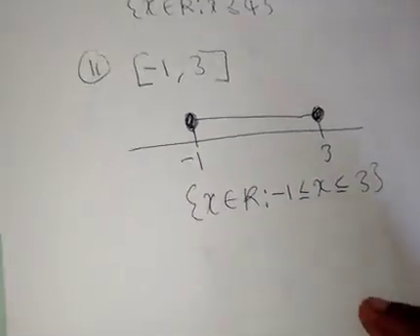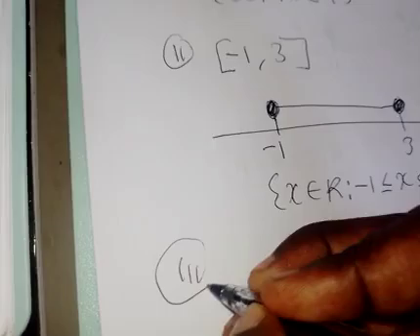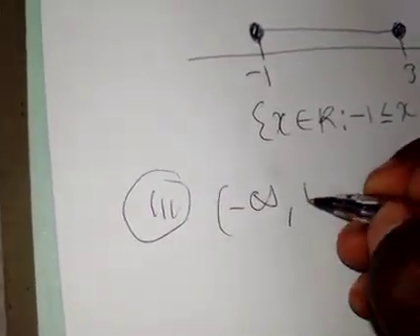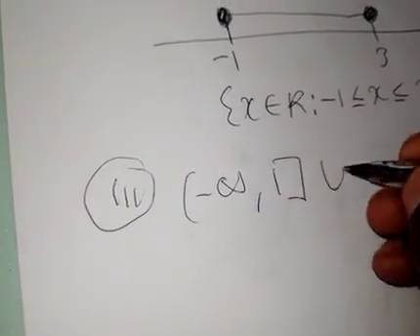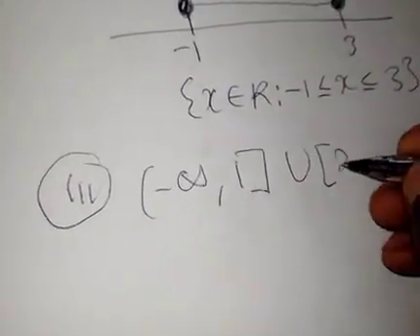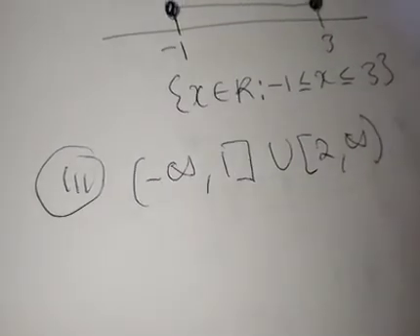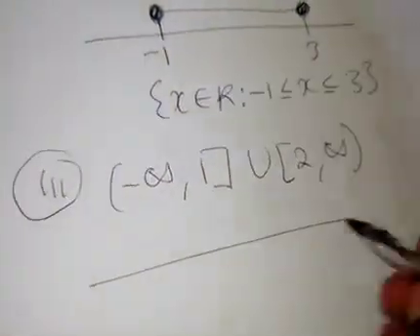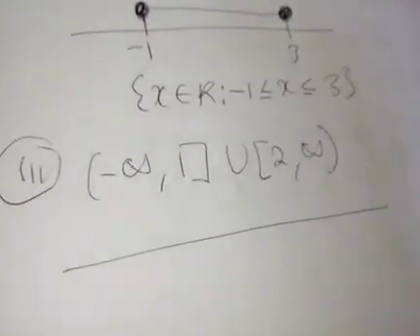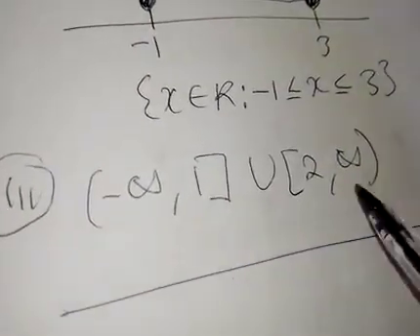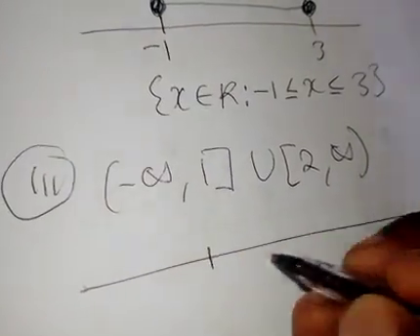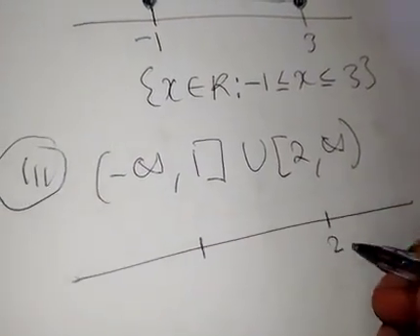That's it. And the last one, we have negative infinity, comma 1, then union, we have 2 to infinity, like that. So you draw your number line, then check what numbers do we have. We just have 1 and 2 there.